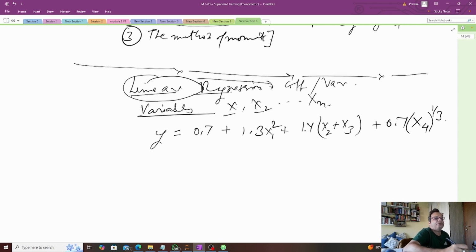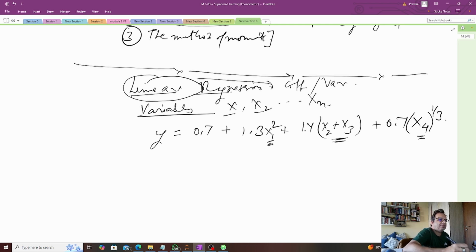If you look at this equation, it is not linear, it's a kind of quadratic equation. It has linear combinations of variables, and it also has cube roots, and it can also have log transformations, etc., whatever it is.